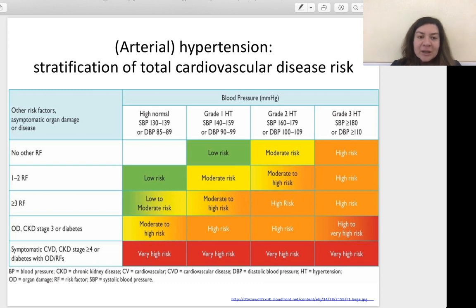According to the level of presence of these risk factors and concomitant disease, and by level of blood pressure, we can check the risk for each individual patient. It can be low risk, low to moderate, moderate risk, moderate to high, high risk, high to very high, and very high risk.